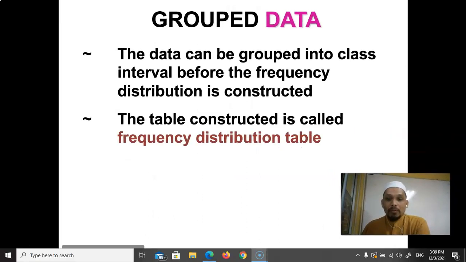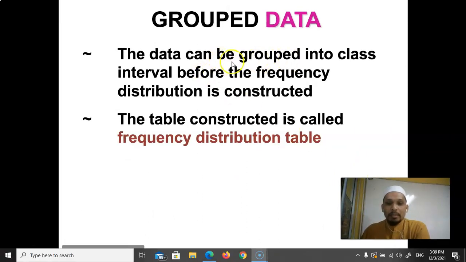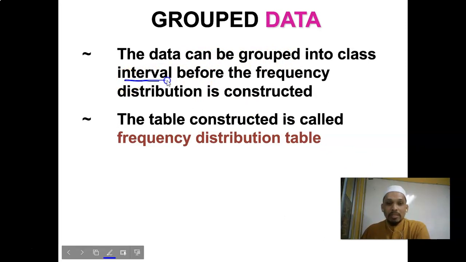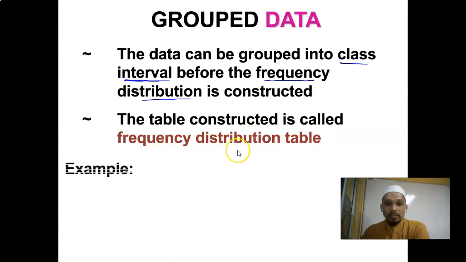And then grouped data can be grouped into class intervals. Okay, so this is the key for this explanation here. The keyword is class interval, before the frequency distribution is constructed. Okay, so the table constructed is called a frequency distribution table.